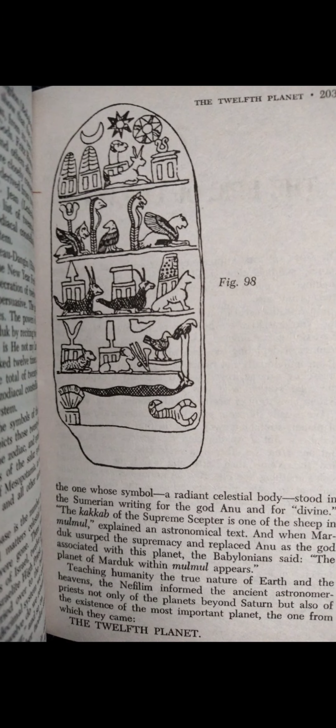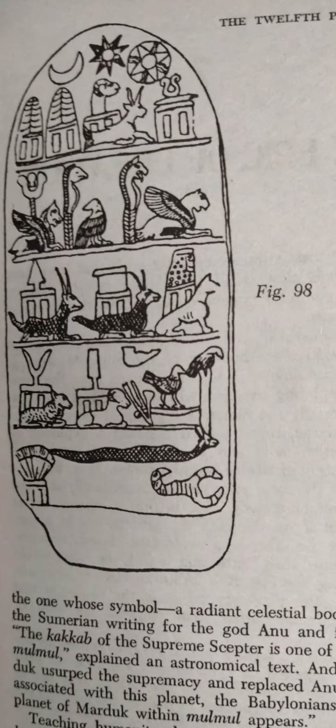And here on the top is Figure 98, which represents our suns, as you can see here up on top, guys.